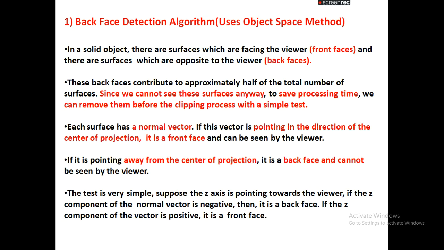As we know from the previous video lecture, every solid object contains multiple surfaces, and a few surfaces face the viewer. The faces of the object which are visible to the viewer are called front faces of the polygon. And there are a few surfaces which are opposite to the viewer.